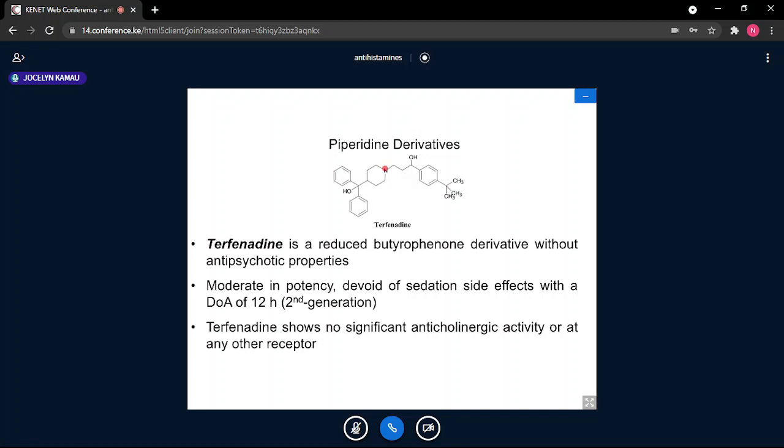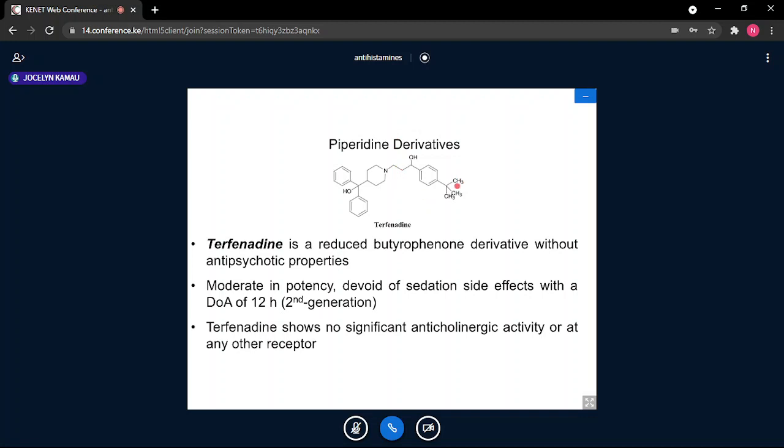That nitrogen is tertiary, there is the spacer, there is the bulk group. This area is looking like all the other antihistamines, the diphenyl ethanolamines, and like the other alkylamine derivatives.